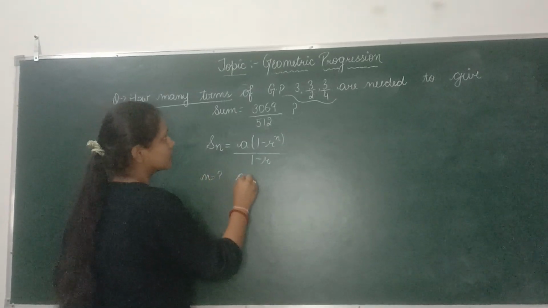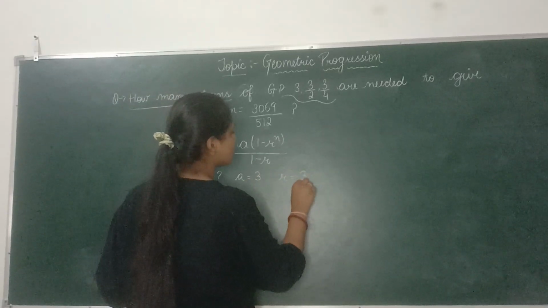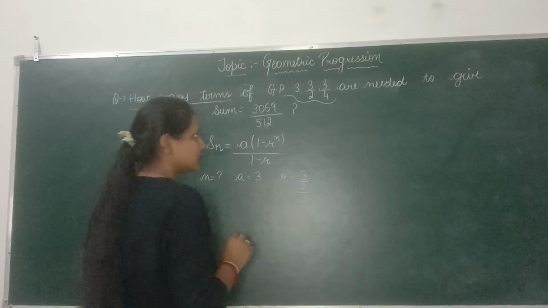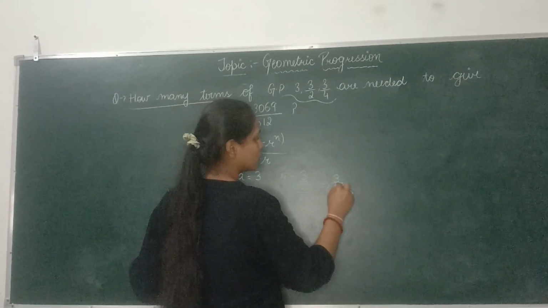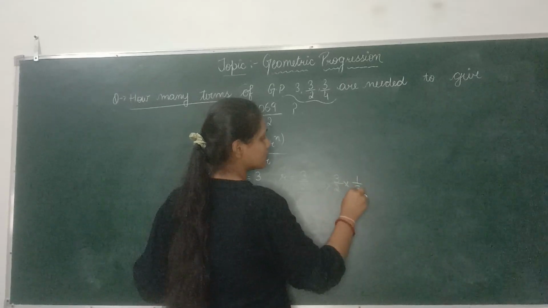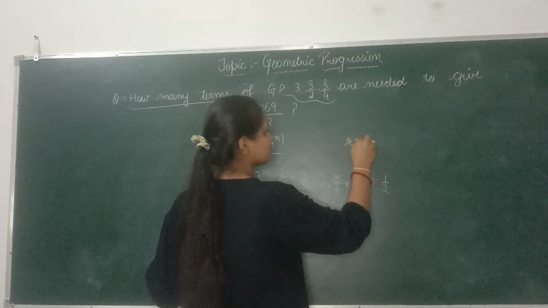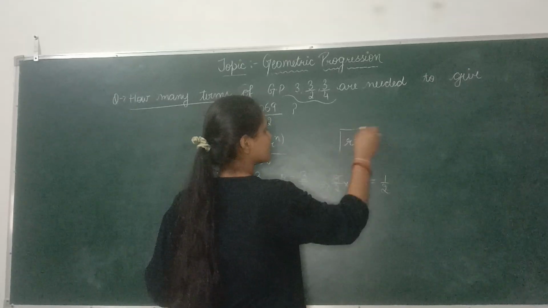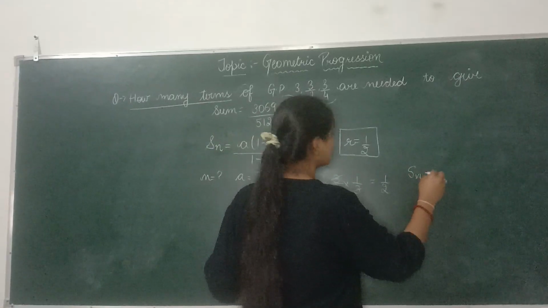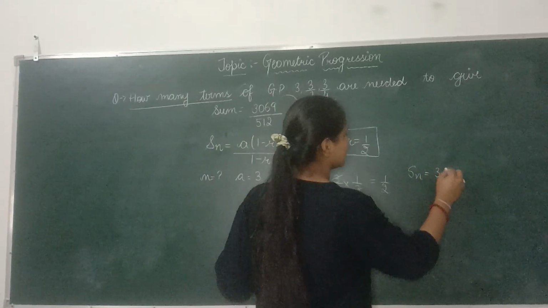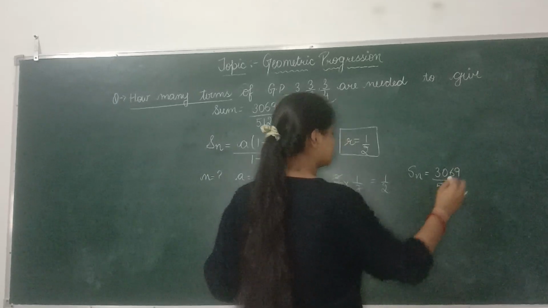Here a is given to be 3, and the ratio is 3 upon 2 upon 3, that is 1 upon 2. The common ratio is 1 upon 2, and the value of the sum is given, that is 3069 upon 512.